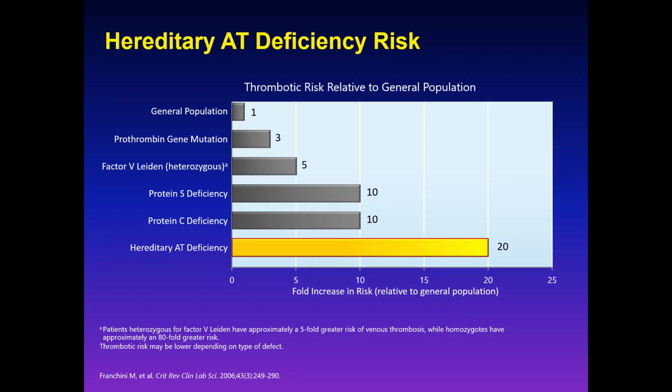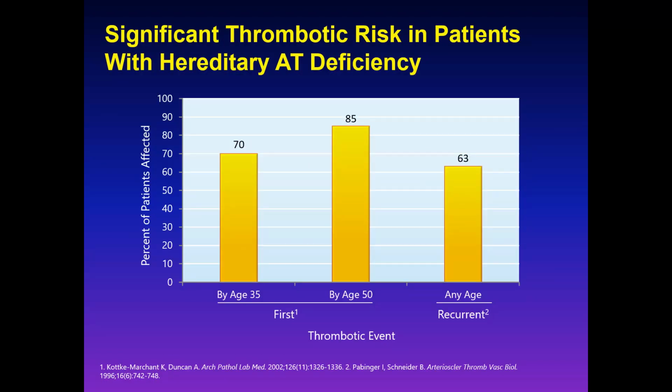Very interestingly, and my experience over the last 30 years with individuals with a hereditary antithrombin deficiency really aligns with this slide, the data on this slide. And that is the percentage of patients affected by age 35, 70% of individuals with hereditary antithrombin deficiency will have experienced their first clot. By age 35, that's considered young. By age 50, 85% will have experienced their first clot.